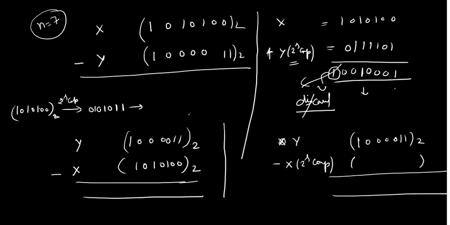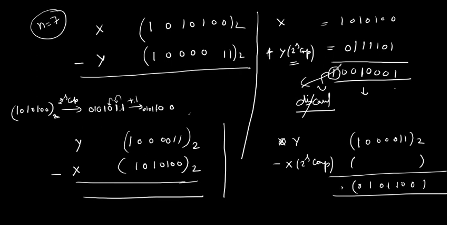So once we add, 1 and 1 gives 0 with a carry, and so on, and we get 0101100. As you can see, there are 7 digits, there is no carry.